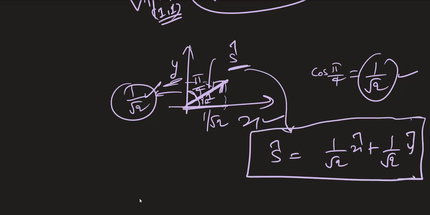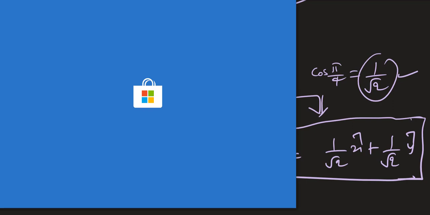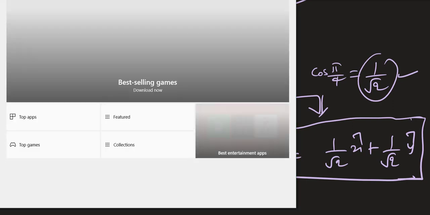So this is the vector we have written in the form of x cap and y cap. This is given that what is the direction, we just have to get the mathematical expression for this direction.